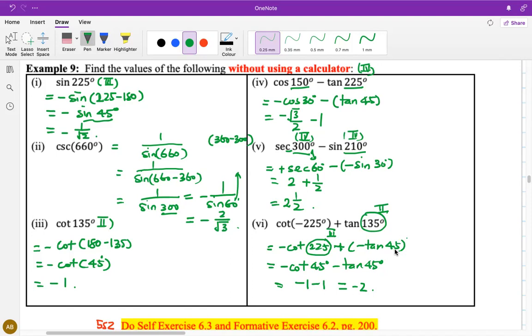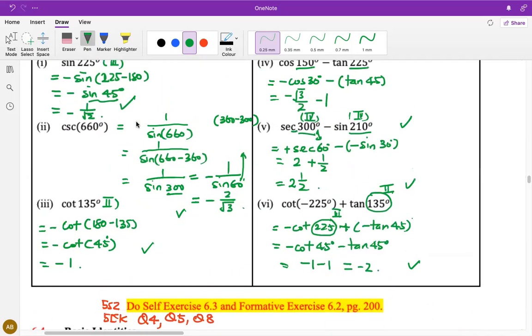Then cos 150 minus tangent 225 degrees, so you get negative 0.8571... we can check negative square root of 3 over 2 minus 1, so it is negative 1.866. Let me check again. All correct. Please show the steps.